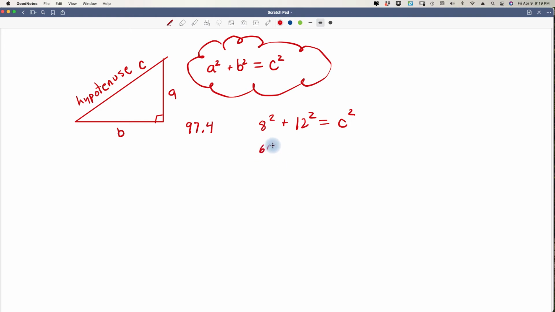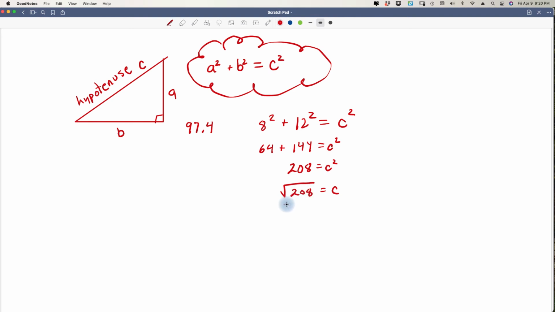So 64 plus 144 equals c squared. So 208 equals c squared, right? So we take the square root of 208, and that equals c. Do we stop here? No, we do not.